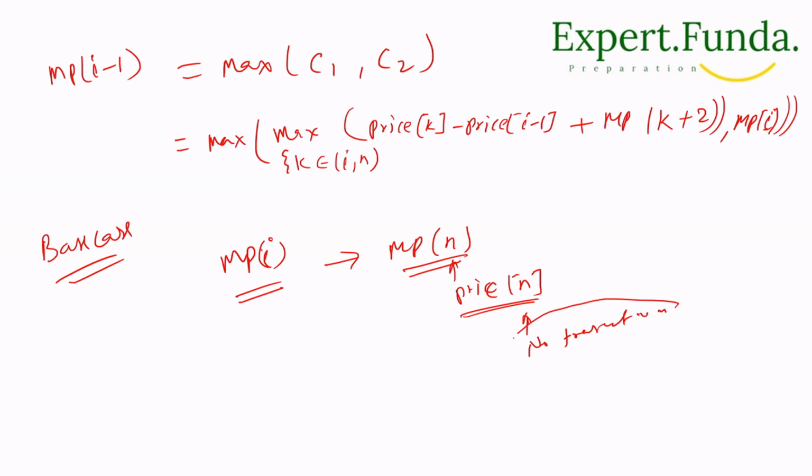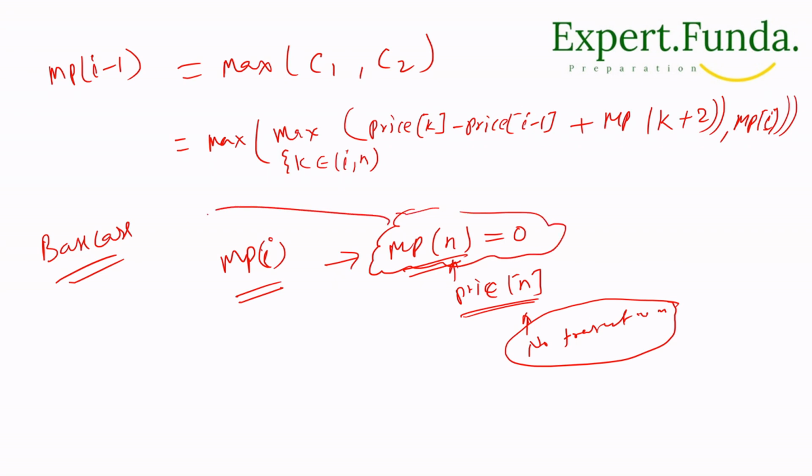If we do no transaction, this will be 0, and this will be our base case. So this formula that we have discussed above, MP of I and the base case, do model the problem soundly. In addition, one should be able to translate them directly into code. We do not need to do anything else.